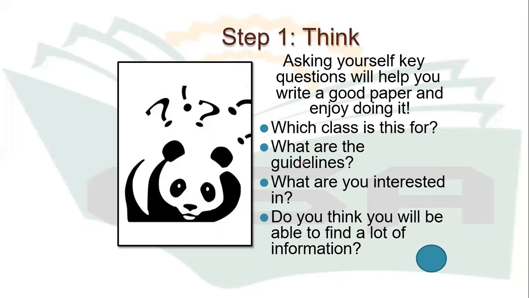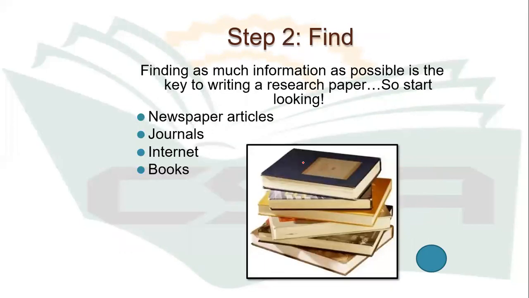So I should think: which class is this for? What are the guidelines? What are you interested in? Do you think you will be able to find a lot of information? All these are the questions I should think about before writing a research article or a scientific document.